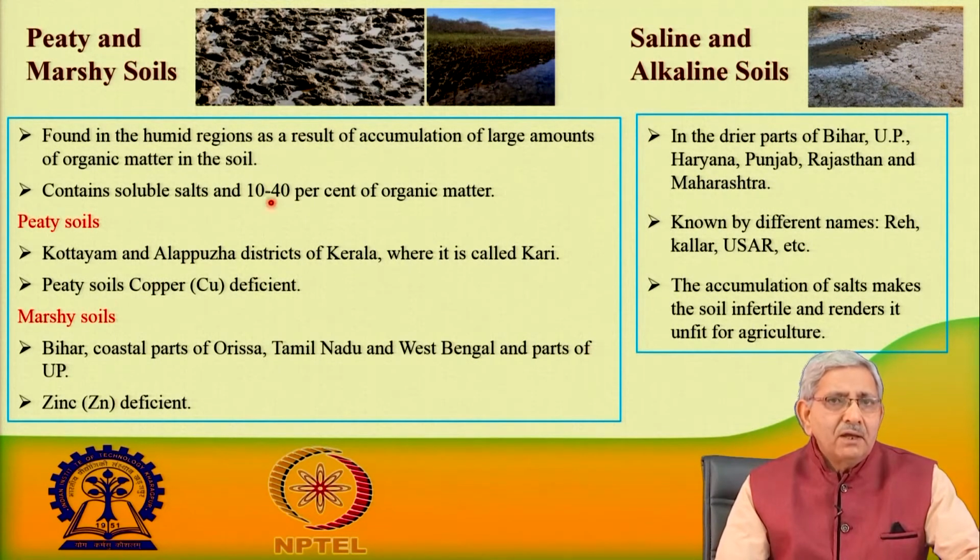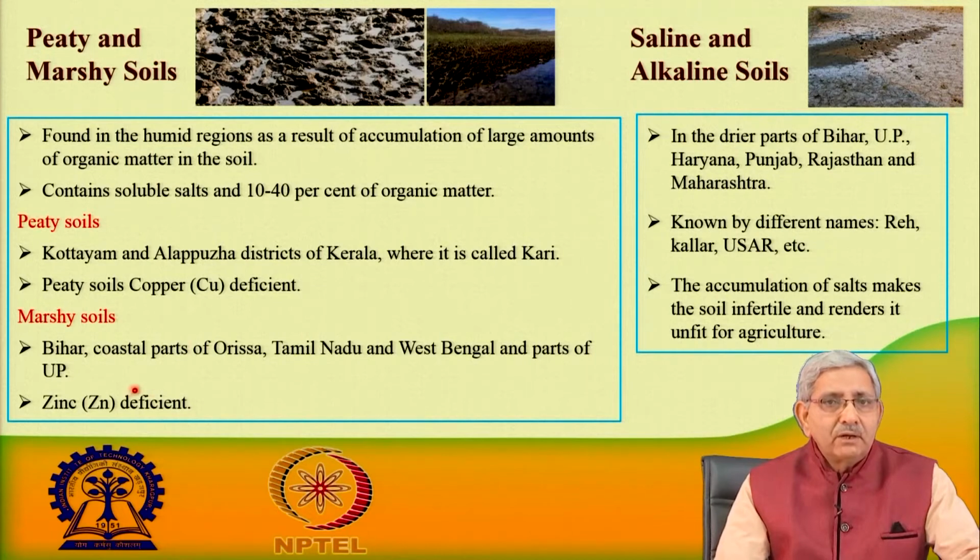Peaty soils and marshy soils, as the name says, means water stagnates for a longer period. These soils do not have adequate soil porosity, means soil air. So, the cultivation of crops becomes difficult, and particularly peaty soils are deficient in copper.